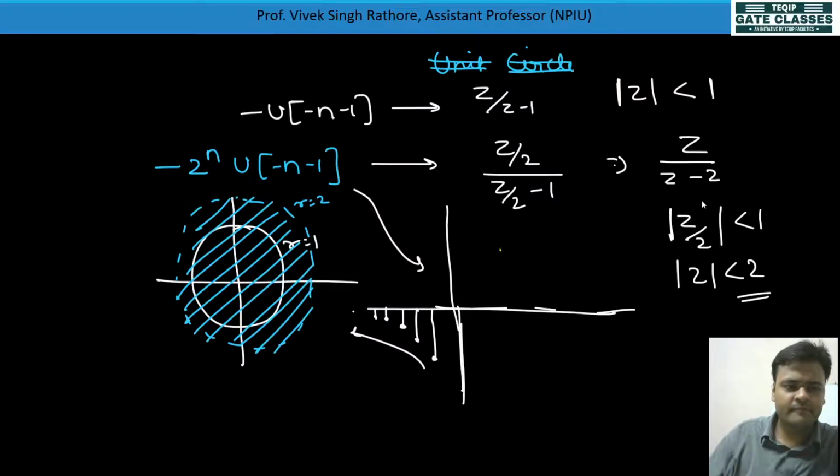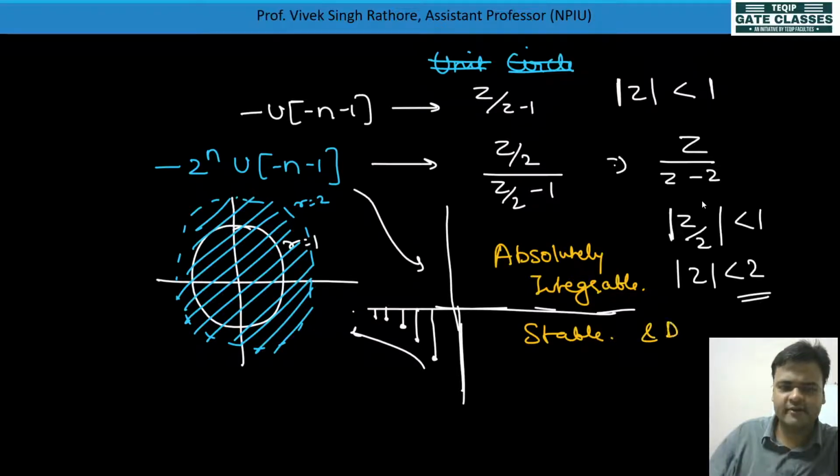This means that it is absolutely summable, and if it is absolutely summable, what we can suggest is that it is stable, and we can say that DTFT is possible. And again, now for causality, we can say the ROC is outward, and here the ROC is inward.